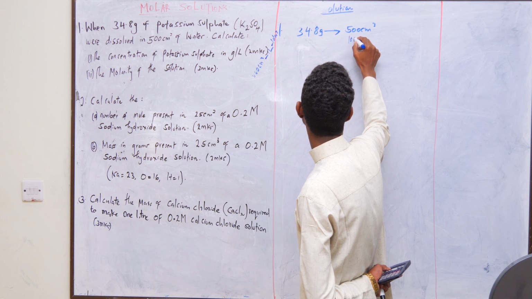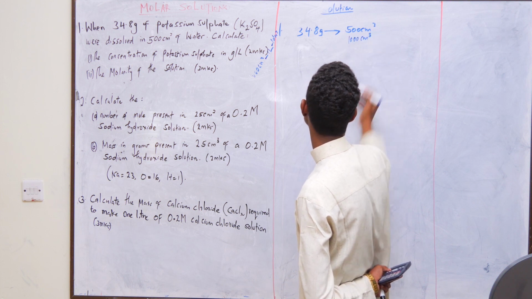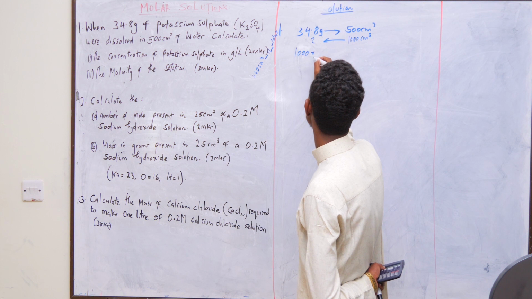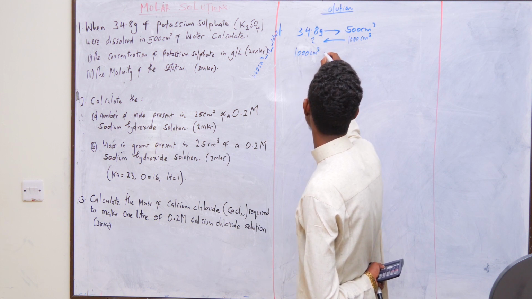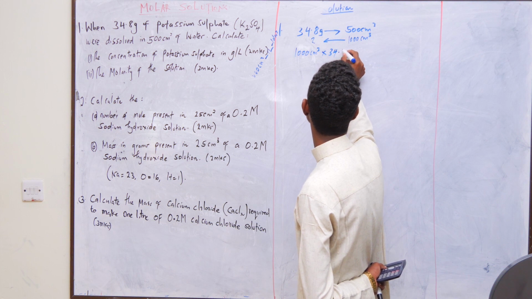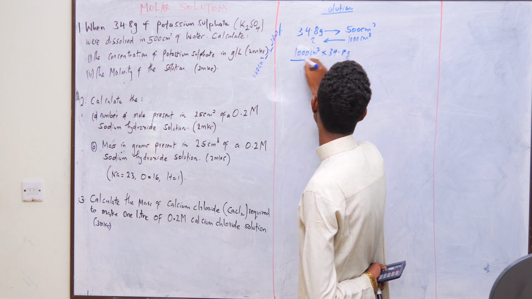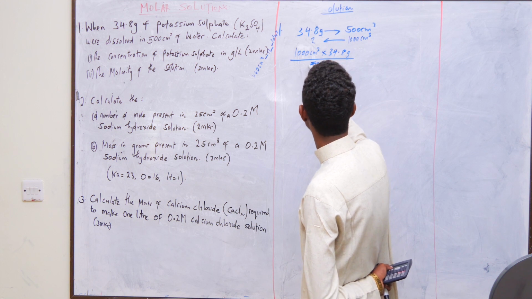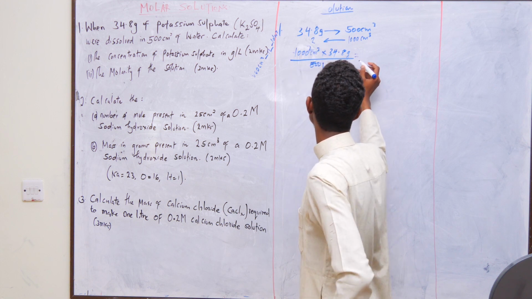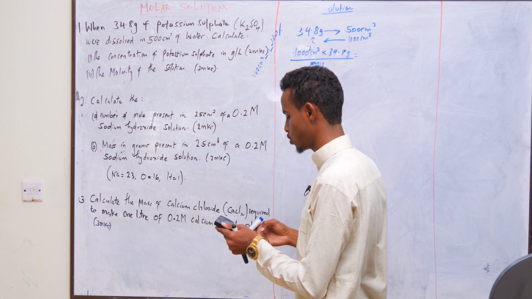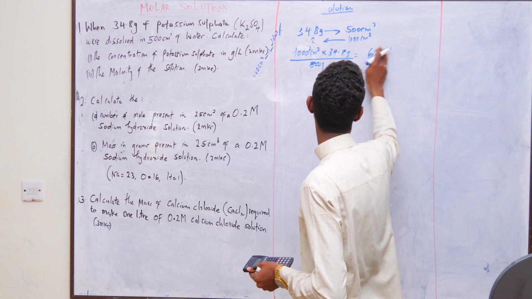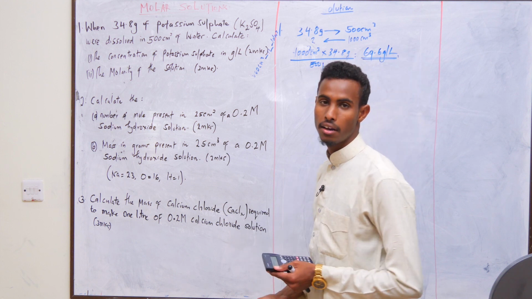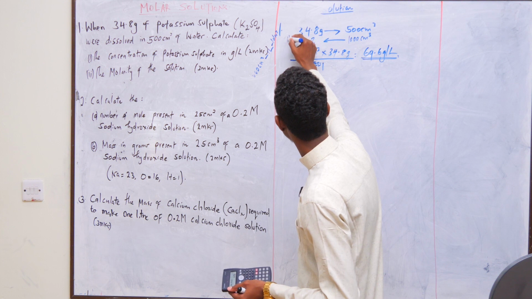So 1,000 cubic centimeter times 34.8 grams out of 500, that will be 34.8 times 2, and that is 69.6 grams per liter, and that is the solution to part 1 of question number 1.